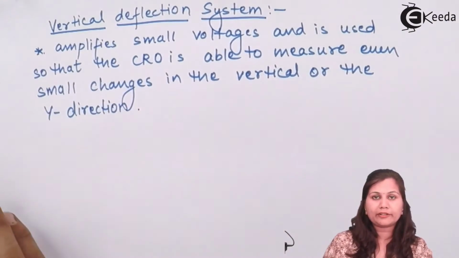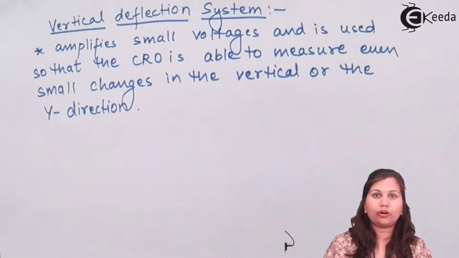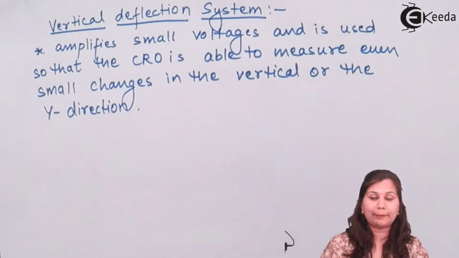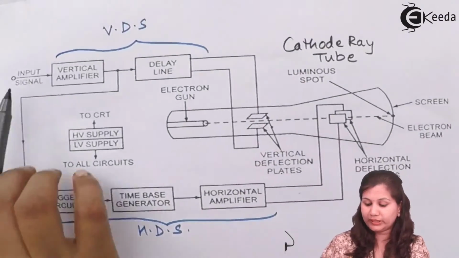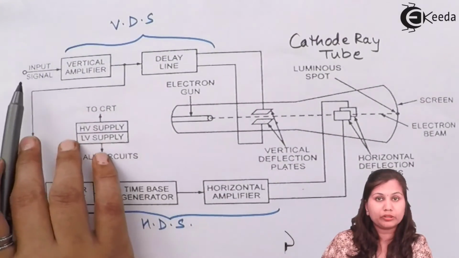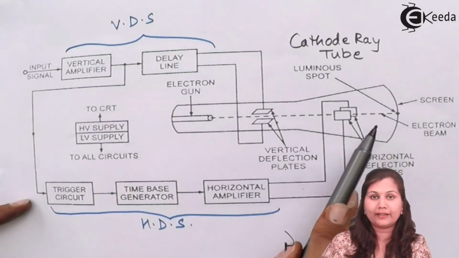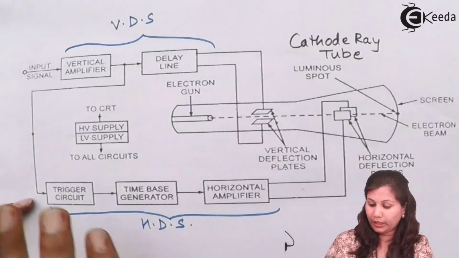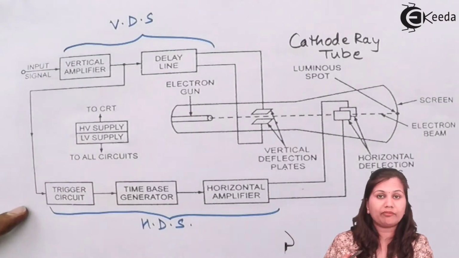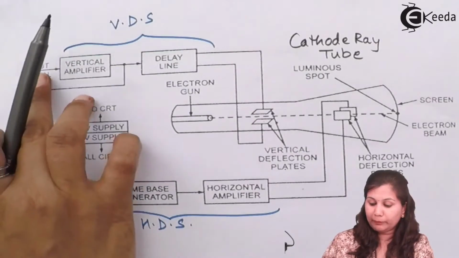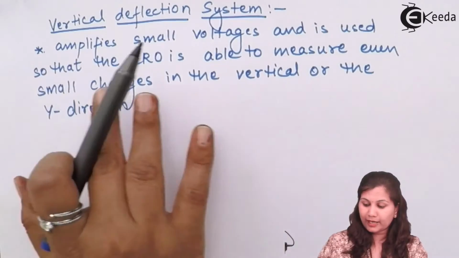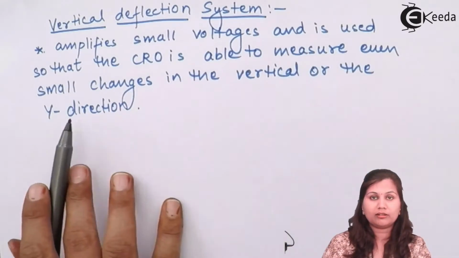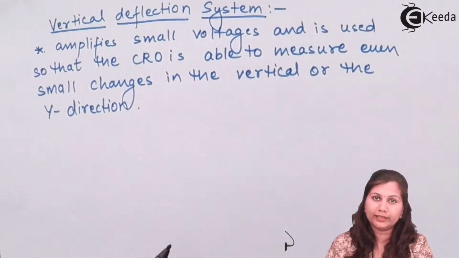So this vertical deflection system consists of the amplifier, which is going to amplify small voltages, because to this vertical amplifier we are providing the input signal which we want to display over this phosphorus screen. Okay, so if this input signal is a very small voltage, it will be amplified through this vertical amplifier, and the CRO is going to measure even the small changes in the vertical input.